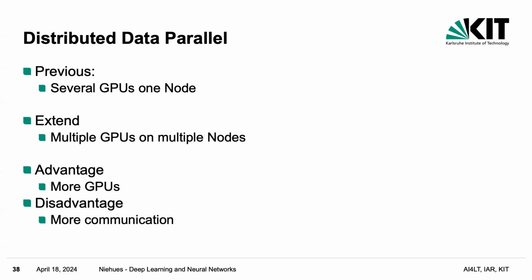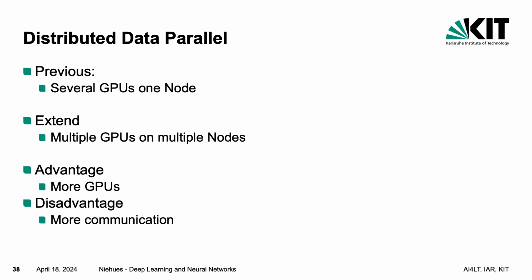This was assuming that typically you have all the GPUs in a single node, so in one PC. Of course, you can easily extend that to not having the GPUs in a single node, but a network with a lot of servers, where each of the servers has several GPUs, and they all work together. The main idea is exactly the same. The advantage is we have more GPUs.